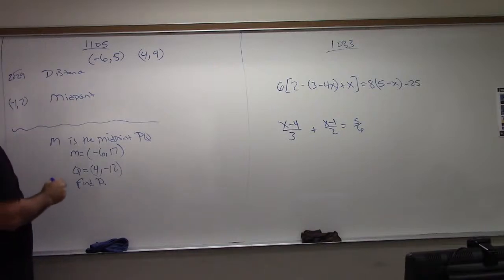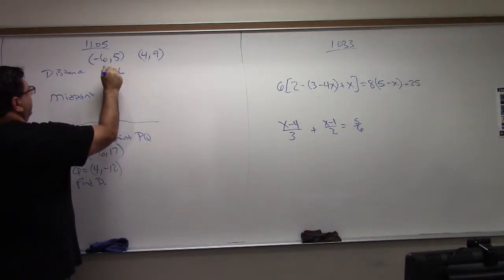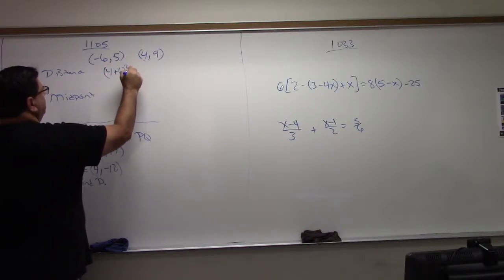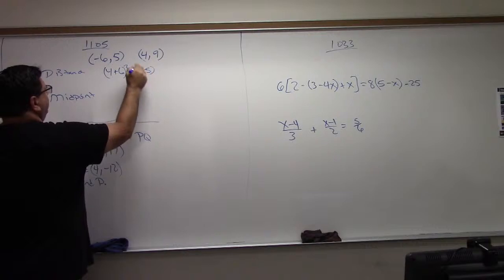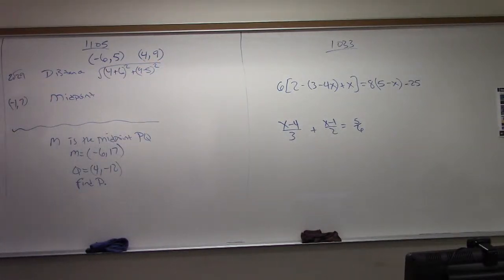All right, let's find out. So we got 4 minus negative 6 squared, and 9 minus 5 squared, and we take the square root of that, right?